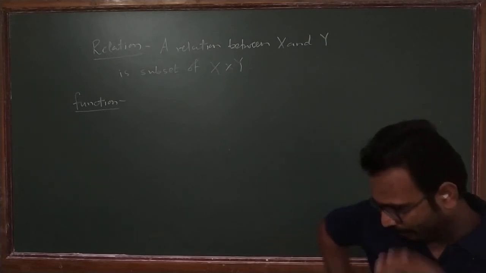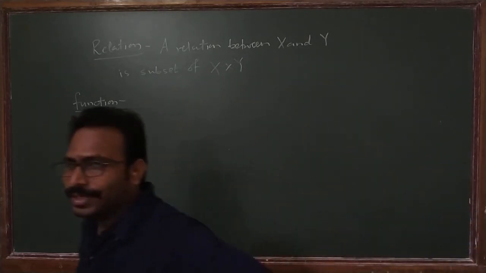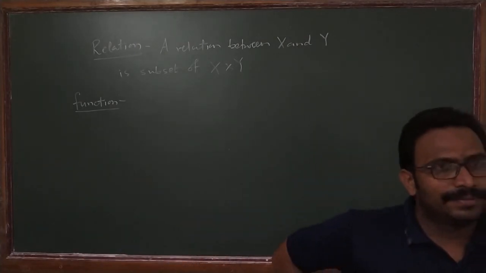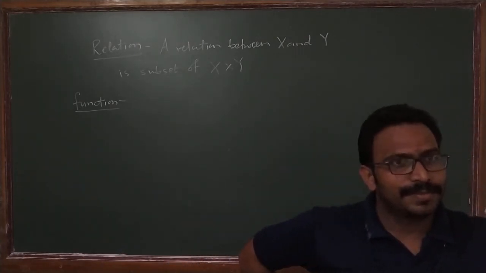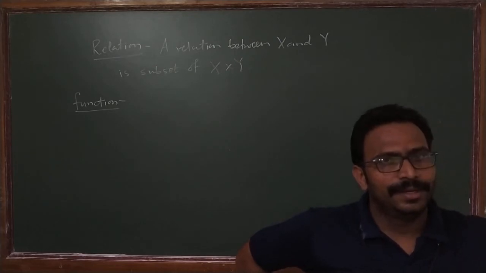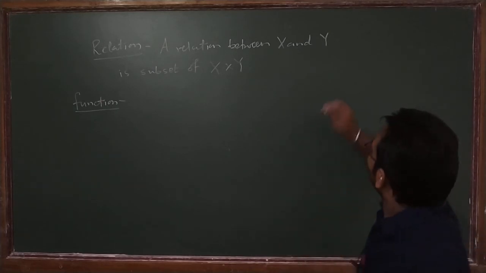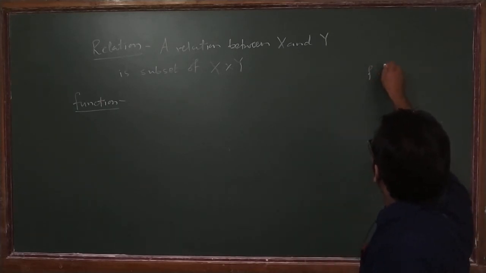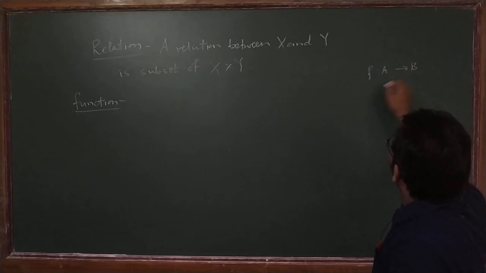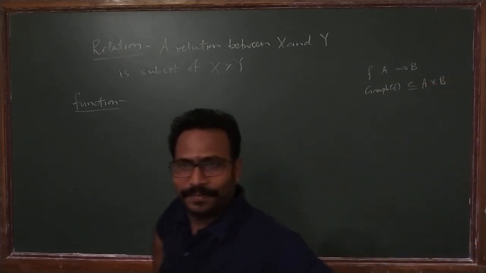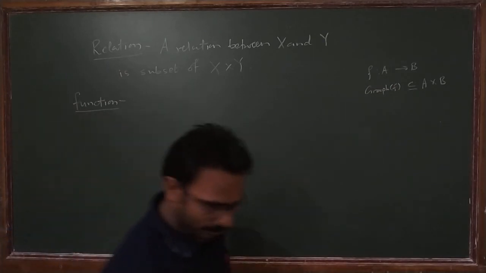From first year, second year, you have studied this definition of function, and you see that the graph of a function is a subset of the Cartesian product of domain and codomain, right? You might have seen that for a function f from set A to set B, the graph of f was a subset of the Cartesian product A cross B. Something like that.